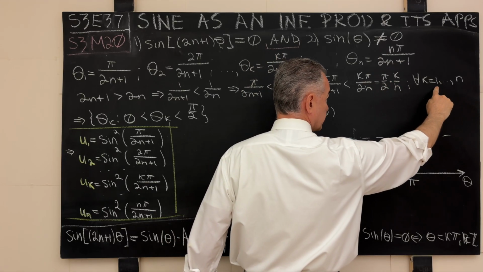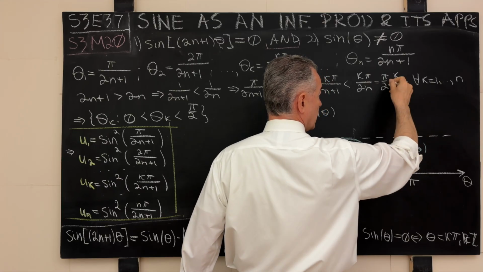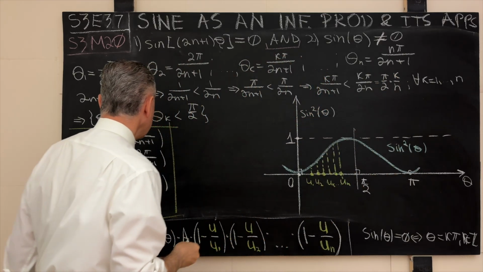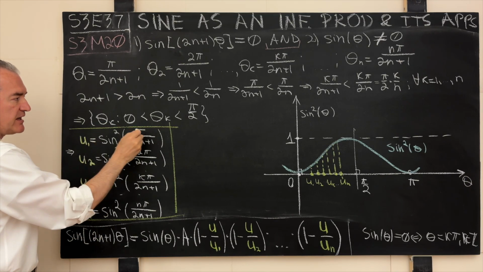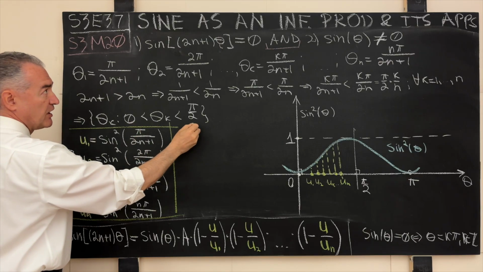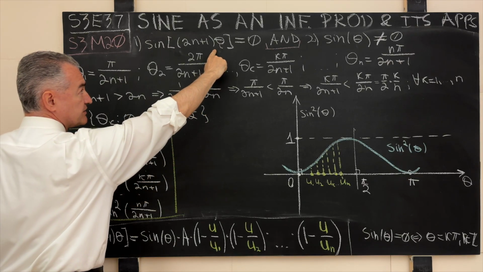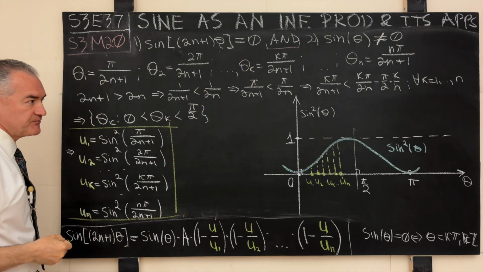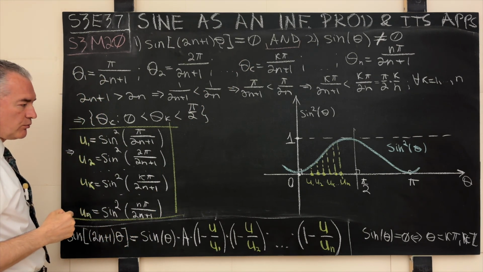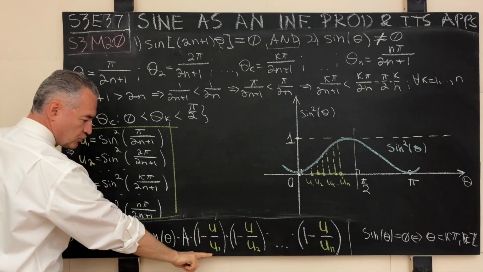K in this case will vary from 1 to n, and that means what? That means that our angles, or the arguments theta k, vary between 0 and pi over 2. These are the values that flip the sign of this argument, they manufacture a 0. But now we go back to our reasoning in terms of the polynomial.